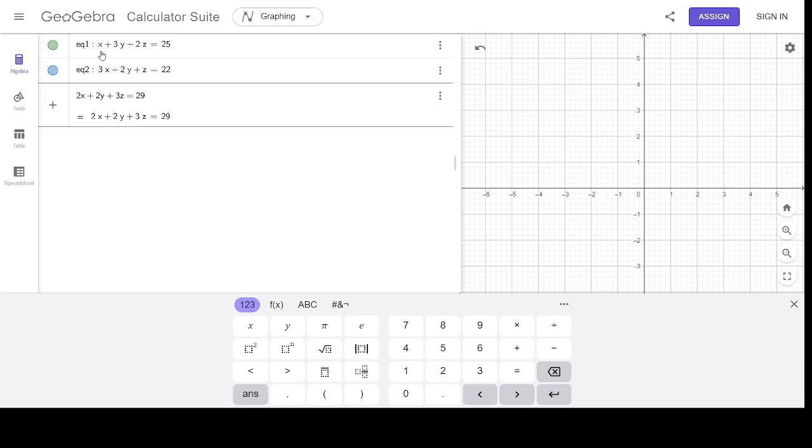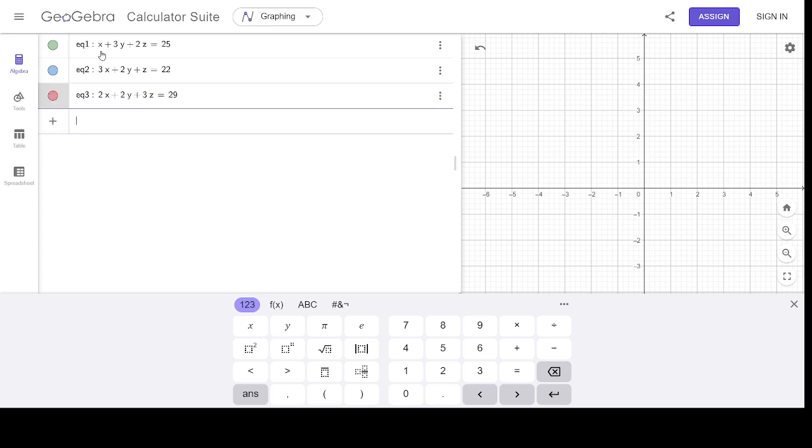So this is an example of algebraic equations with three different variables x, y, and z. In this case, we are supposed to find the values of x, y, and z.